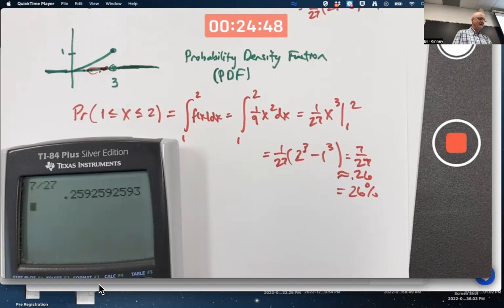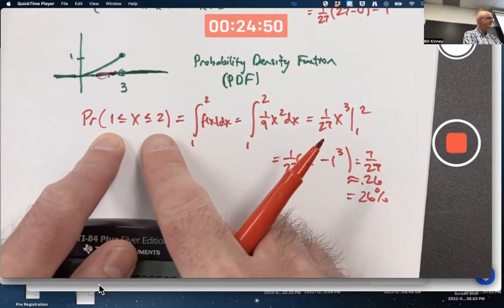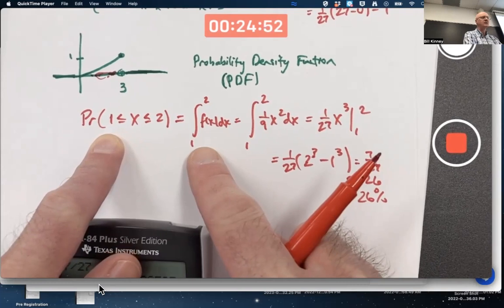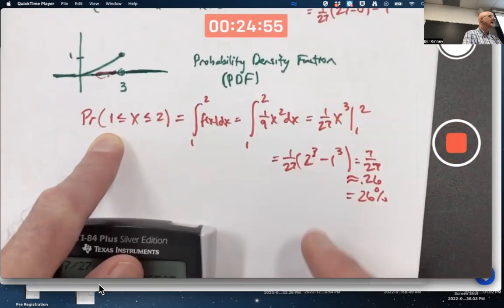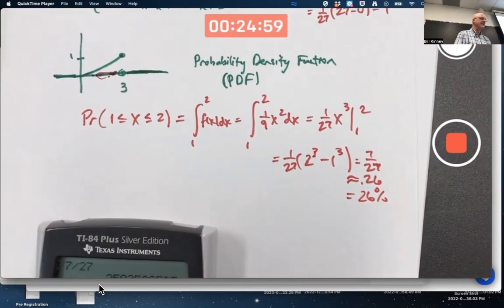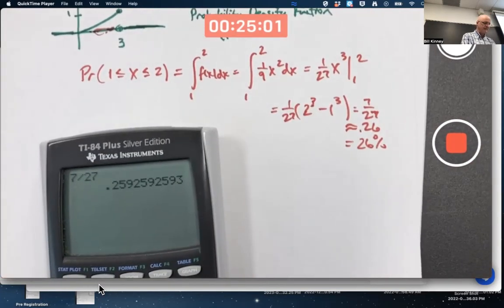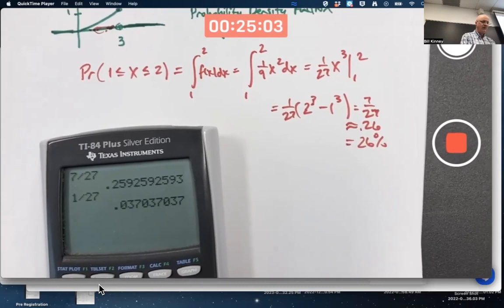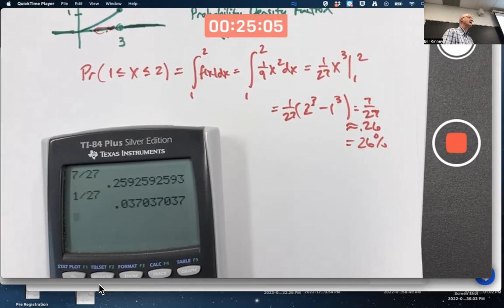On the other hand, if I had tried to find the probability of being between 0 and 1, I'd do the same thing, except the integral would be from 0 to 1 instead of 1 to 2. I'd get 1 cubed minus 0 cubed over 27. 1/27, that's a very small probability. Only about a 4% chance that a randomly chosen data point is between 0 and 1. The rest of the probability is the chance that it's between 2 and 3.